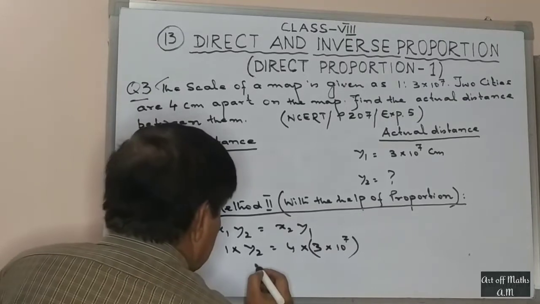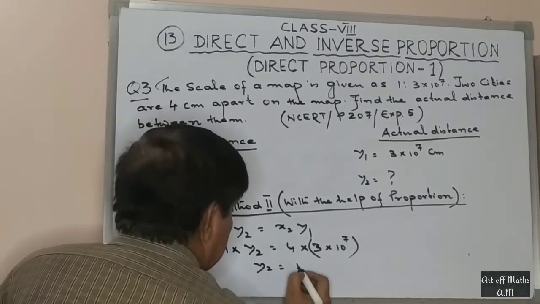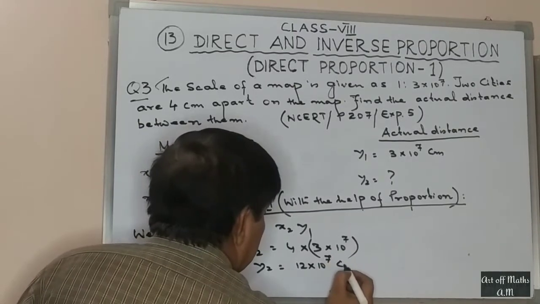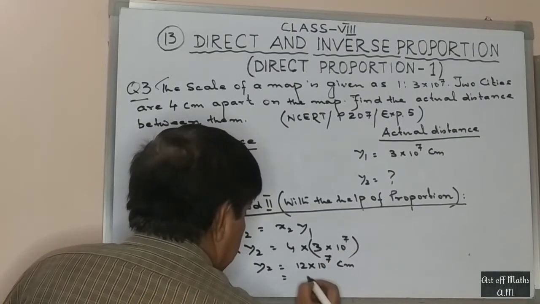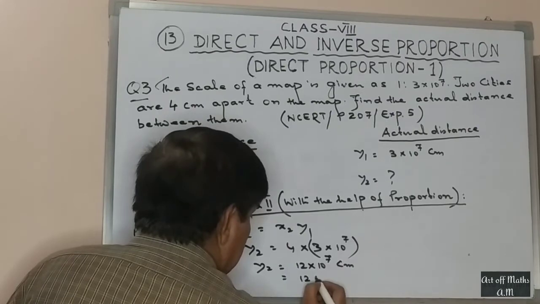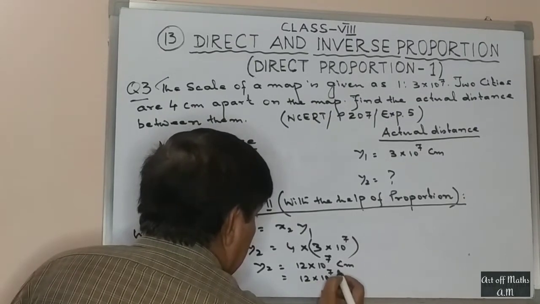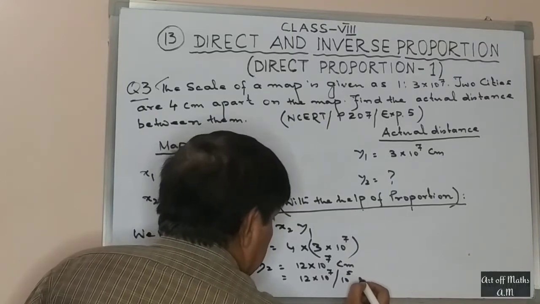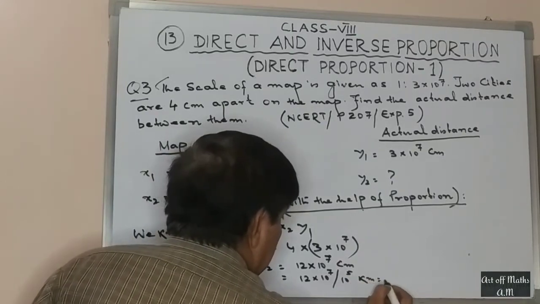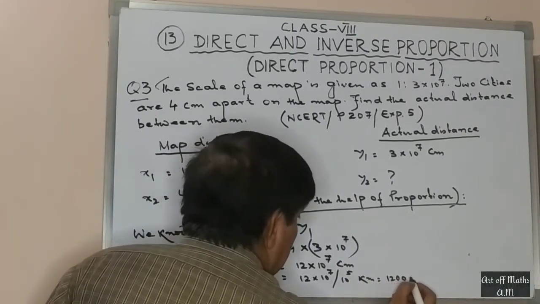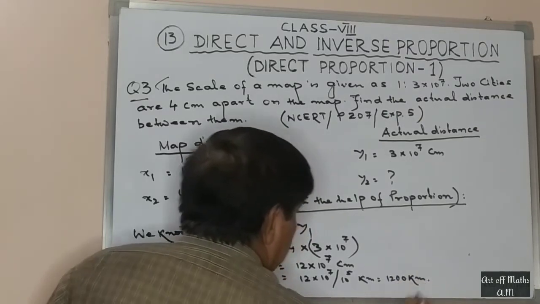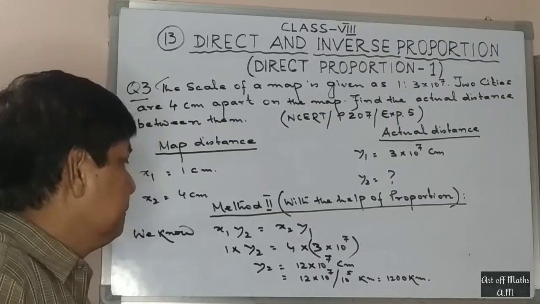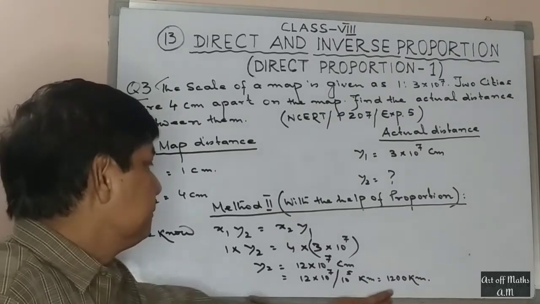Now y2 equal to 12 into 10 to the power 7 centimeter, which is equal to 12 into 10 to the power 7 divided by 10 to the power 5 kilometer, equal to 1200 kilometer. This is the second method.